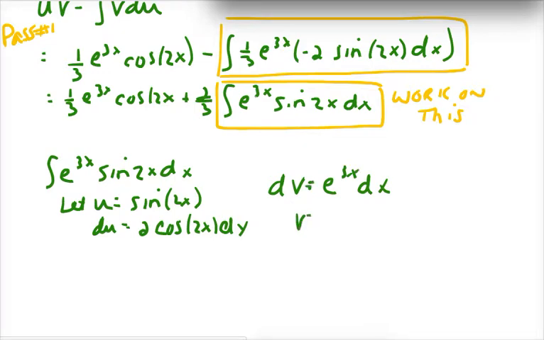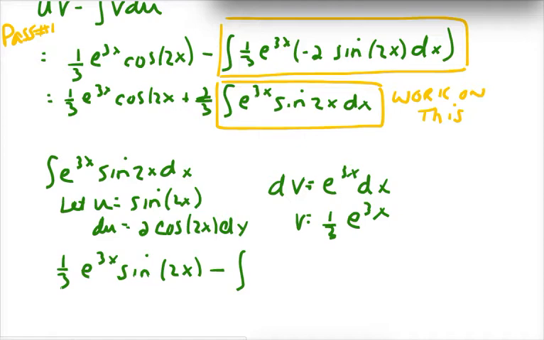V is equal to the integral of that, which is 1/3 e to the 3x. So let's put it together, and u times v is 1/3 e to the 3x sine of 2x minus the integral of 1/3 e to the 3x, and then du is just 2 cosine of 2x dx.